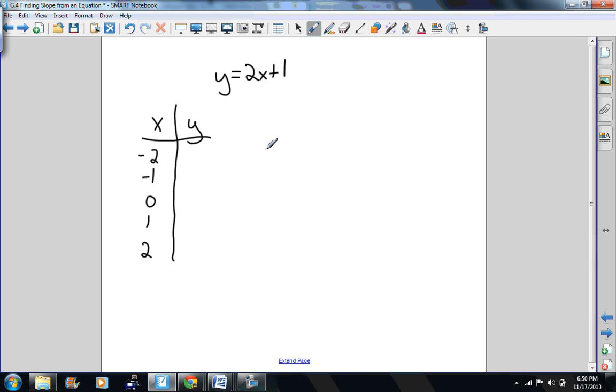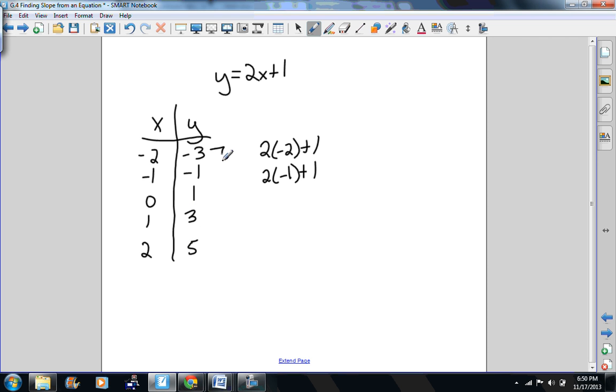And so our thing here would go 2 times -2 plus 1. That's -4 plus 1 is -3. Then we go 2 times -1 plus 1. Well, that's -2 plus 1, that's -1. This would then be 1, 3, and 5.